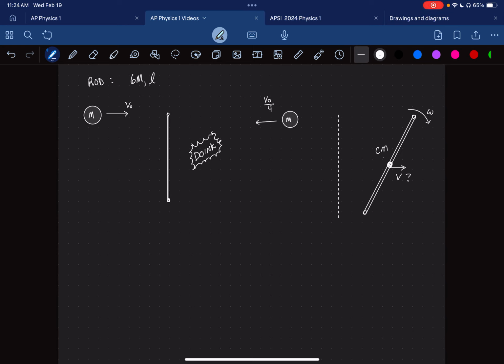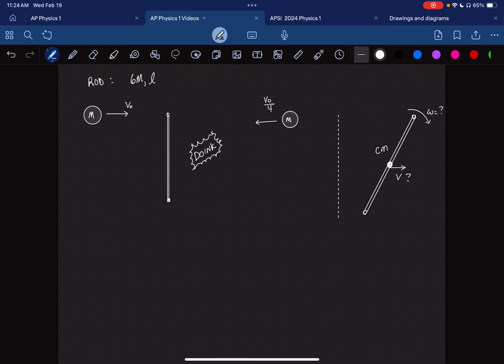And the rod doesn't only start to rotate about its center of mass, but it starts to move tangentially with a speed v. And we want to know what is the rotational speed of the rod and what is the translational speed of the rod v. So two unknowns, we're going to need two equations.